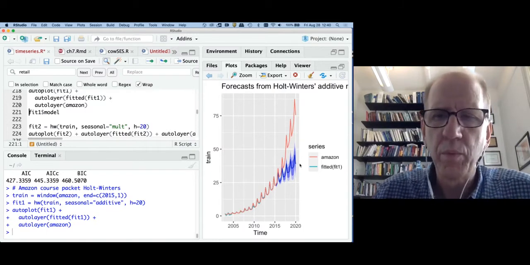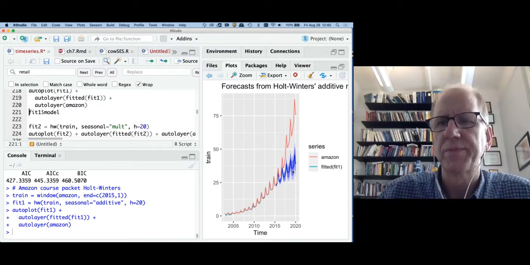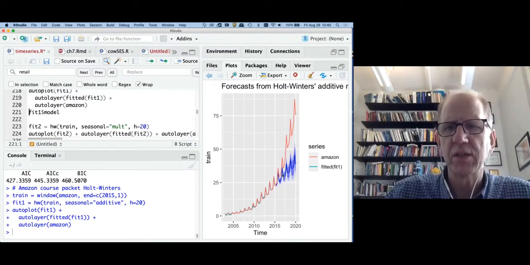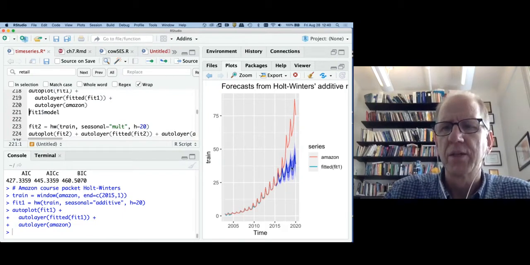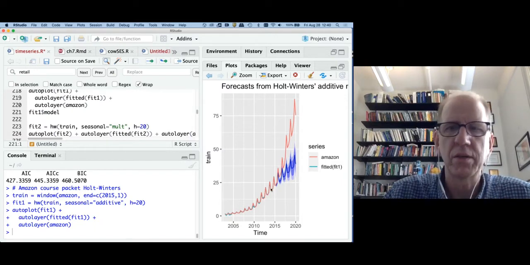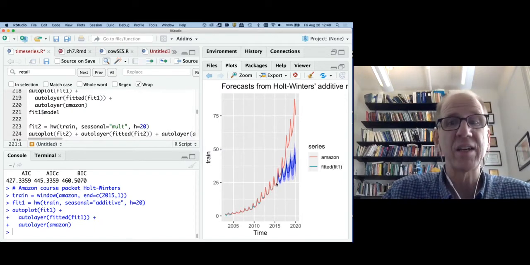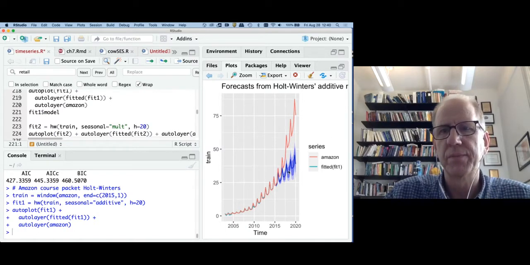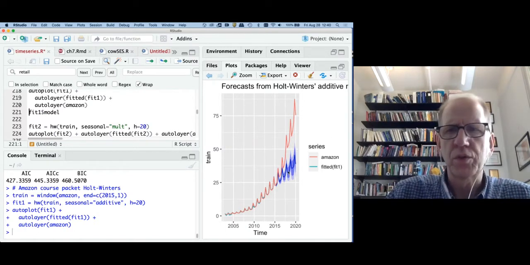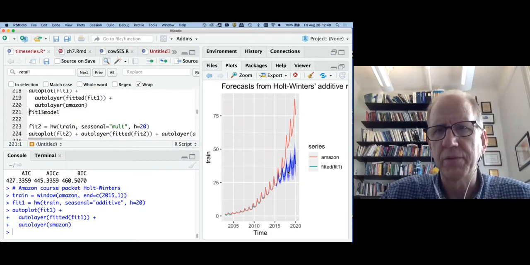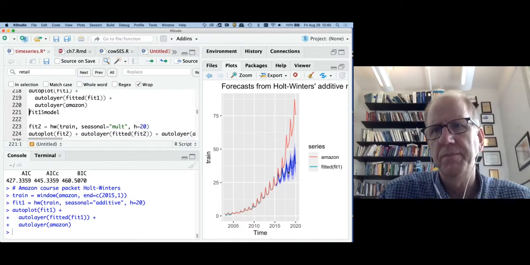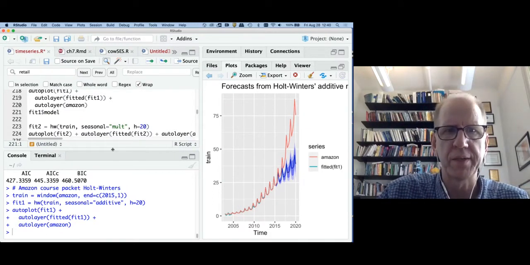I want to point out one more thing about our fits. I want you to observe the seasonal effects in this plot. So the amplitude of the seasonal effect roughly matches what we had in the most recent year or two. It's not getting wider as the level increases. Those are two big problems that we have with this model on the Amazon data.